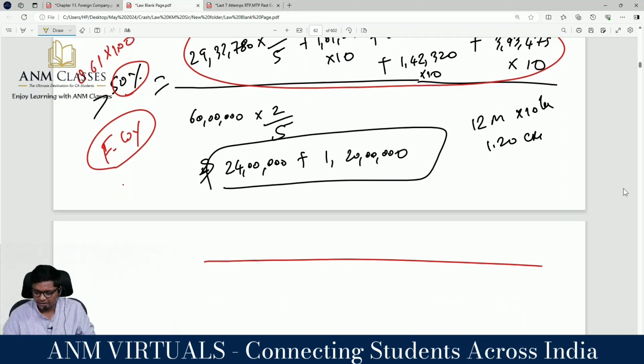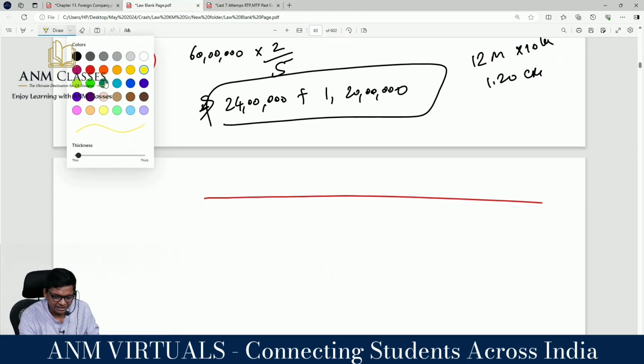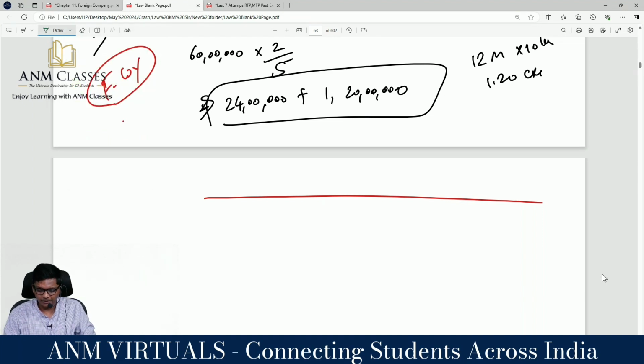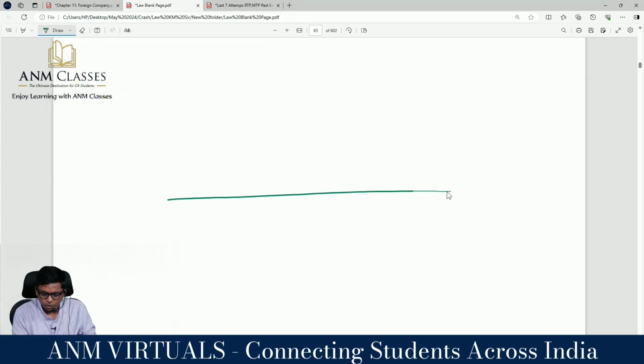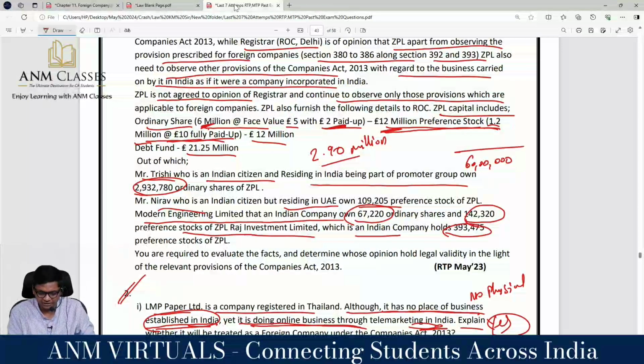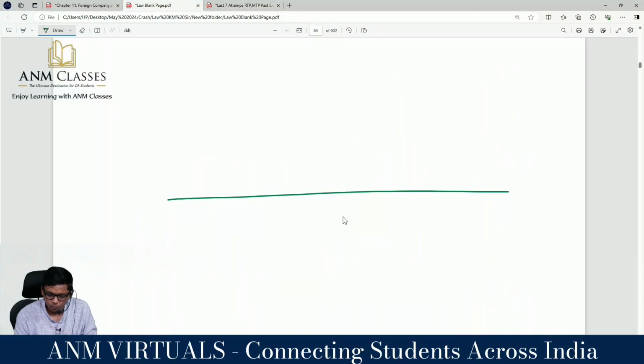First the denominator, you add all the share capital which is available. Preference is easy in this question. You just have to add whatever is given in the question. Let's finish off preference. Here preference is 1.2 million, so 1 crore 20 lakhs.